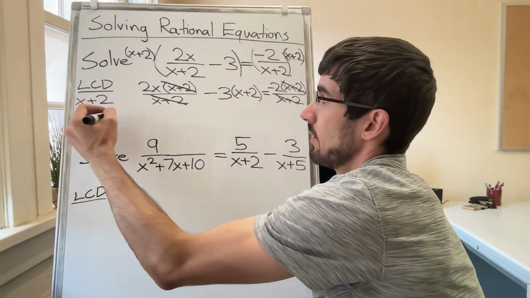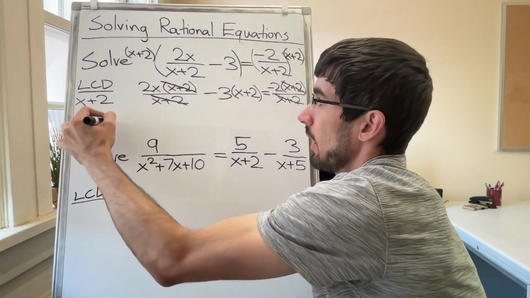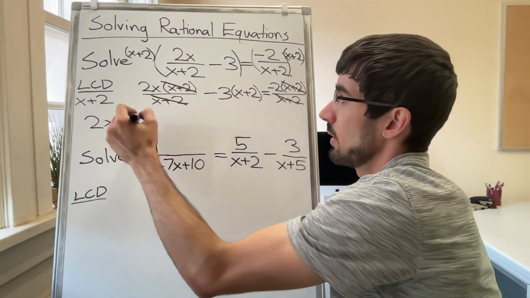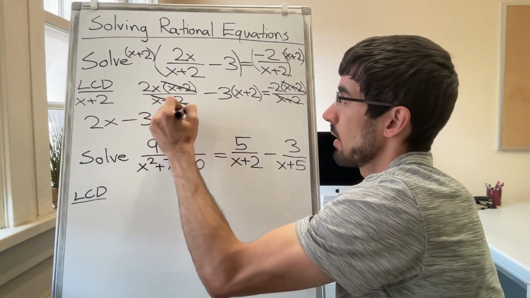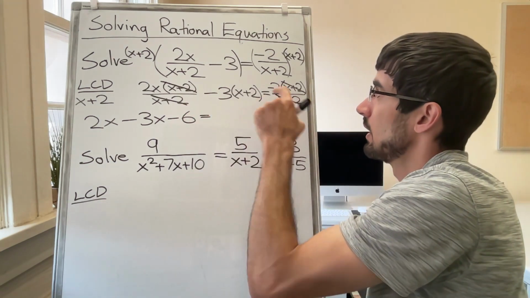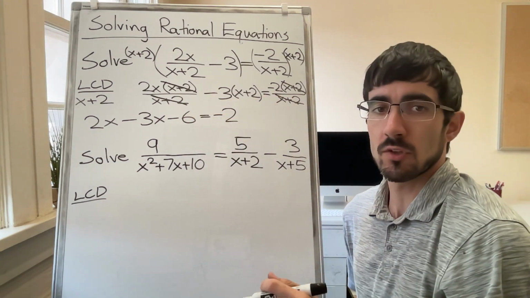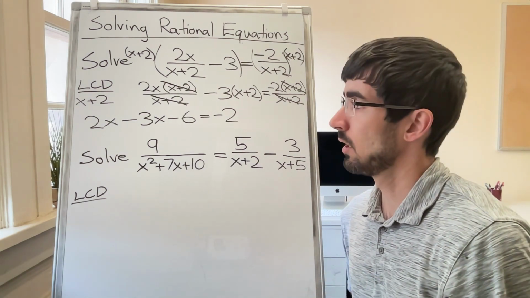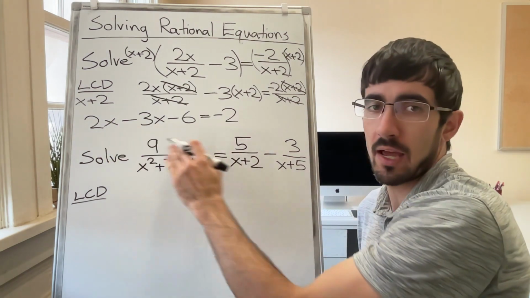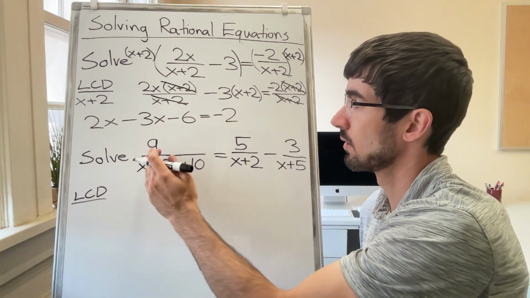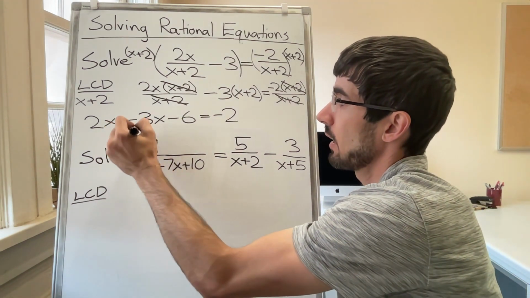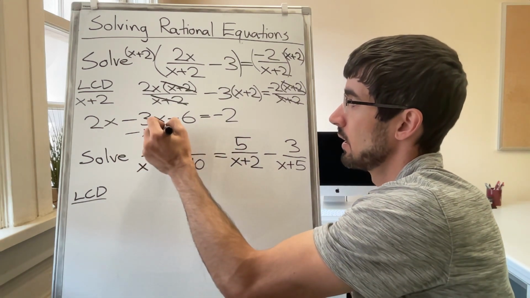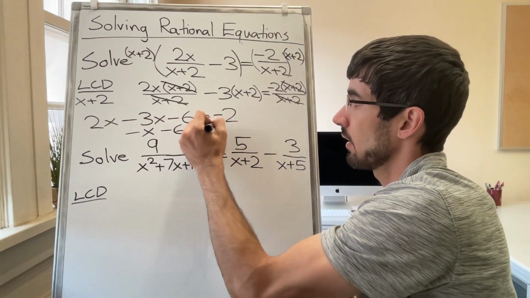And then I have the simple equation 2x minus, let's distribute this 3, so we'll say -3x minus 6 equals -2. Just like that, there are no fractions left in our equation, and we can simply solve for x by combining like terms. So here I have 2x minus 3x is -x, -x minus 6 equals -2.